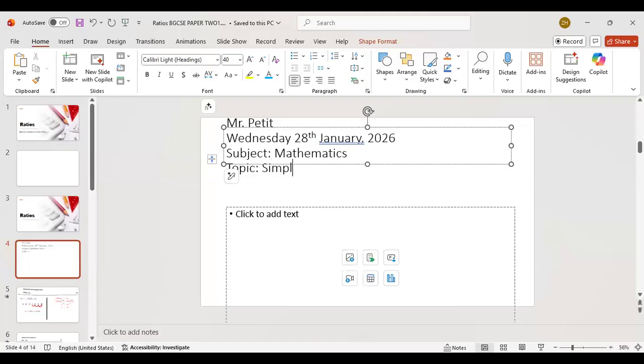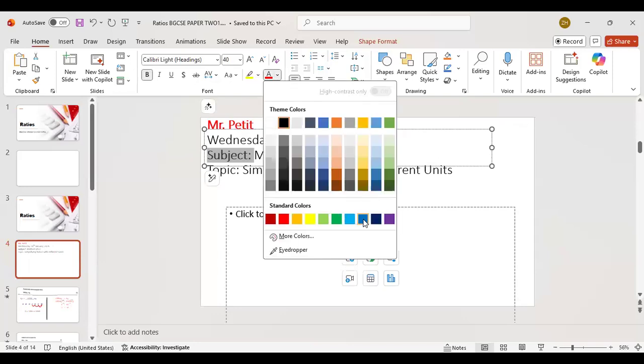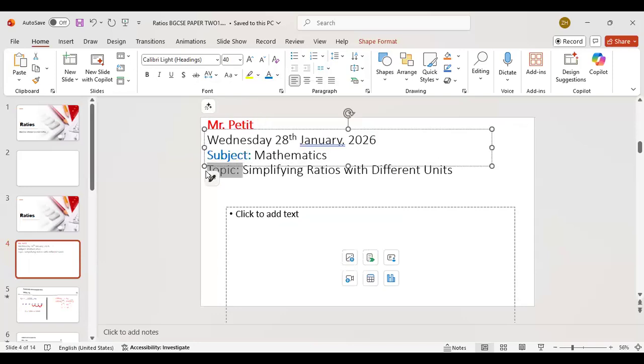So whenever you have ratios that have different units, the first thing you need to do is make the units the same. Once you make the units the same, you can simplify the ratios, and simplifying ratios is really the same thing as simplifying fractions.